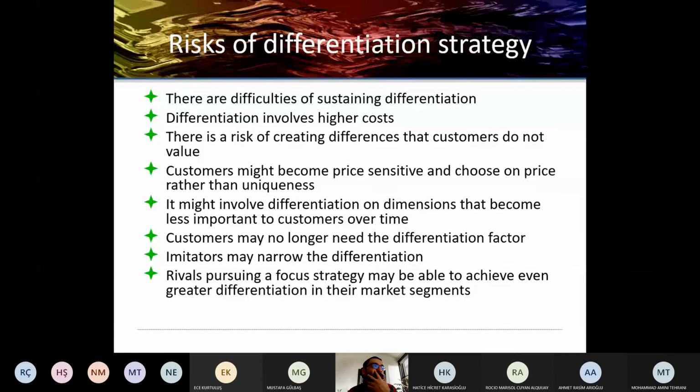But now we have become more price sensitive because we have an economic crisis now. It could be a threat for the differentiation strategy as well. Sometimes differentiation features become less important to the customers over time, and imitators can imitate your products, right? I mean, it's also a problem.